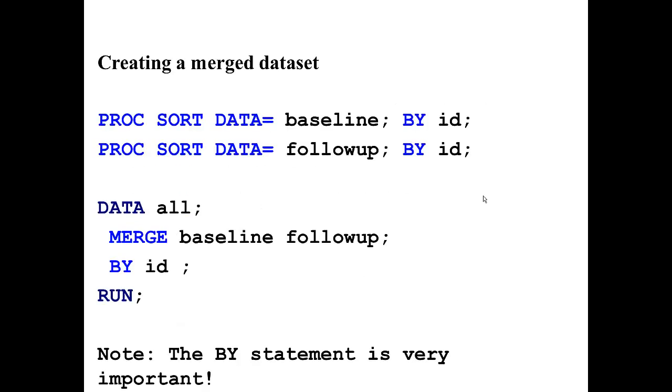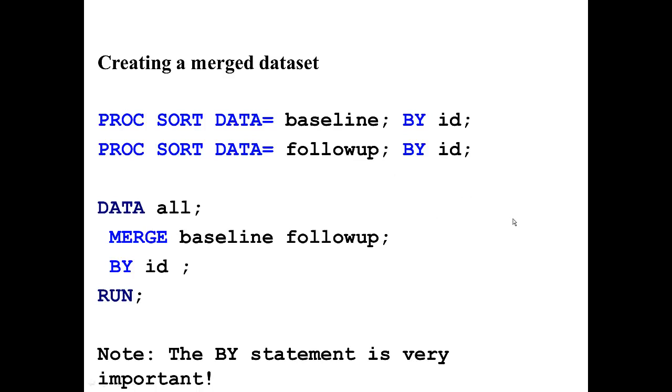So here is the typical code you will see when you want to create a merged dataset. First of all, we're sorting 2 different SAS datasets. We're sorting a baseline dataset and a dataset called follow-up. And for each of those datasets, we're sorting it by ID. Then we're creating a new dataset, data all, and we use the merge statement.